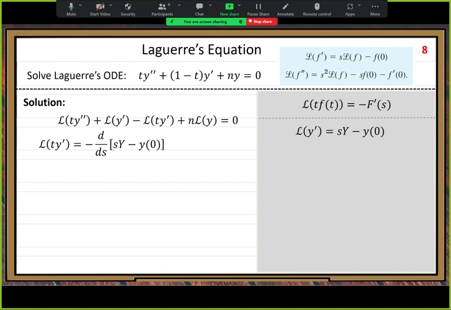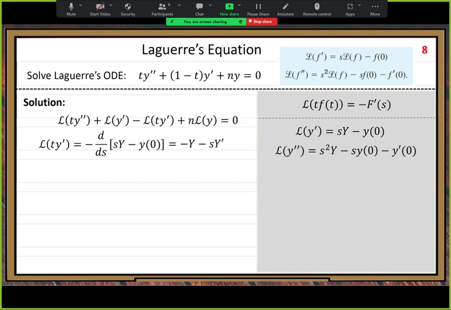Second, for this term similarly, let's look at the Laplace transform of y double prime first. Then we factor in that t. It's a simple calculation using the double prime formula, the second one there.